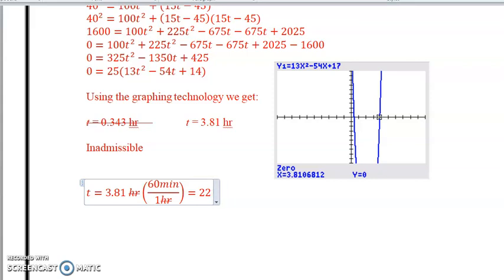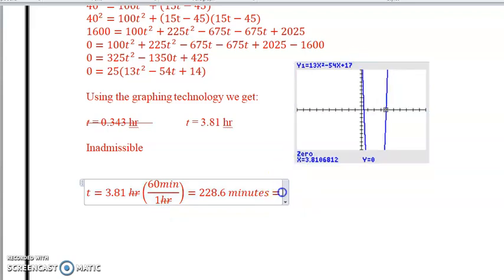All right, so to the nearest minute, that's 229 minutes, which is equal to 3 hours and 49 minutes, because the decimal 6 rounds up.